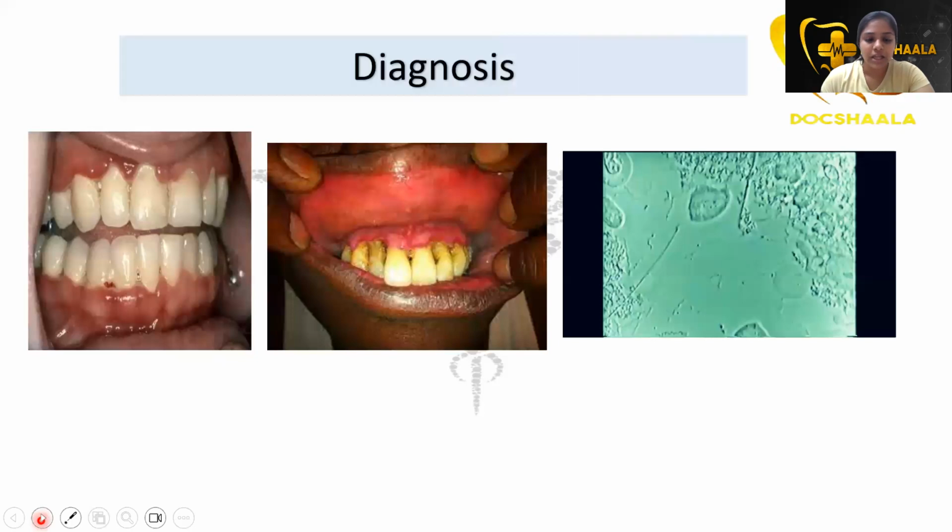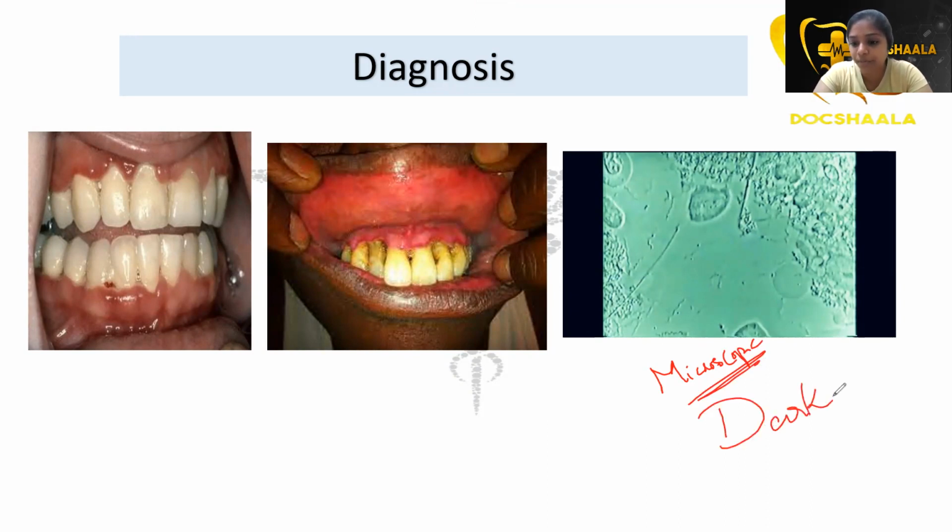Then coming to the pictures, so you can see the pictures here. This is early stage of ANUG, and this is the late, advanced stage of ANUG. And what is this? Guess what this is. This is a microscopic image, which is dark field microscopy.